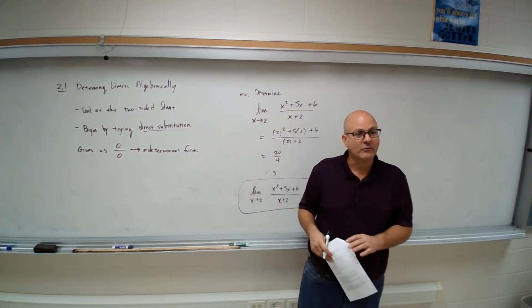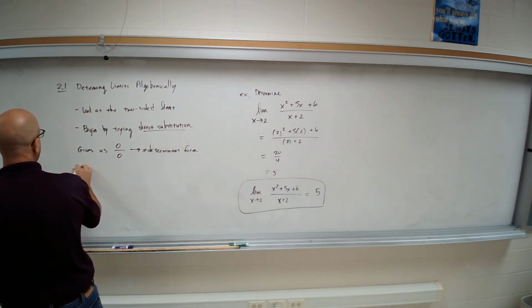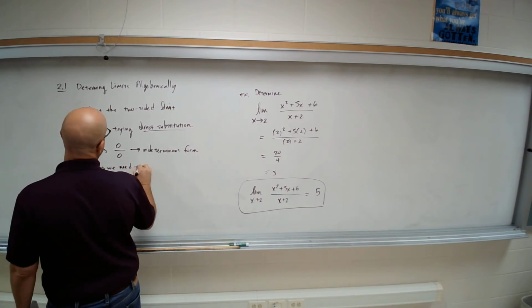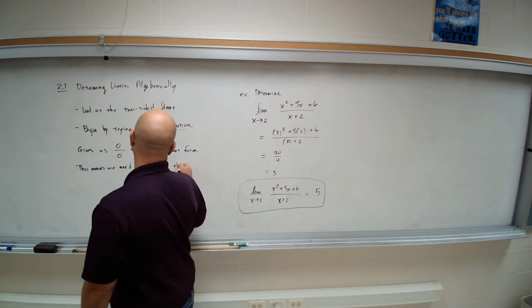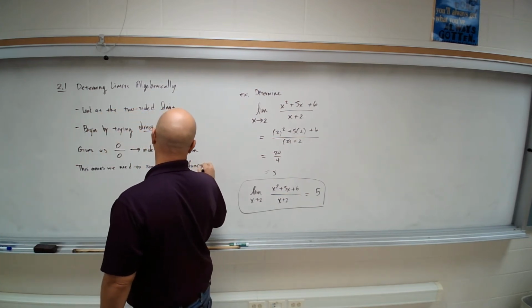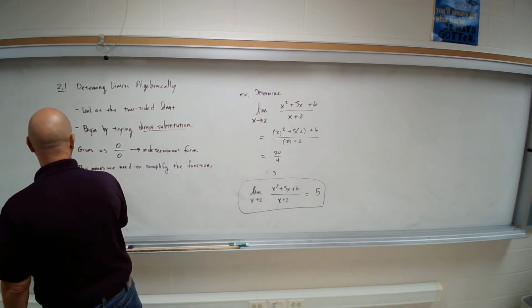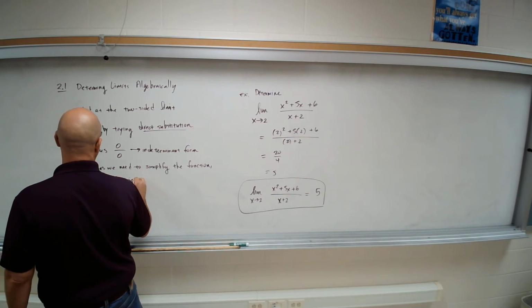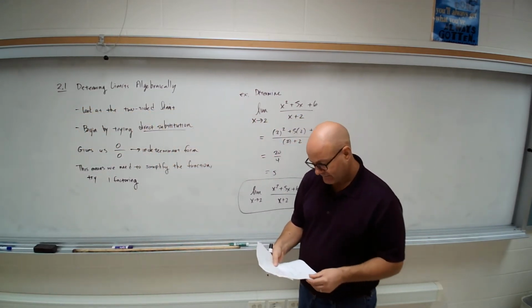Both of our rules clash with each other there. It's an indeterminate form. What this means is we need to basically simplify the function. Some things you might try include factoring. A lot of times we'll factor and get something that will cancel out.